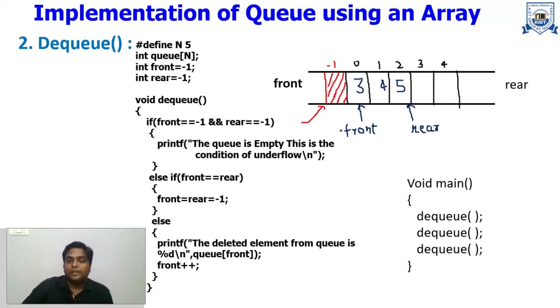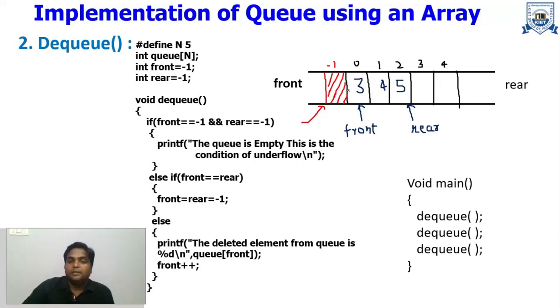Else we check that front is equal to rear. When front and rear are the same, the queue has only one element, so front and rear point to the same index.